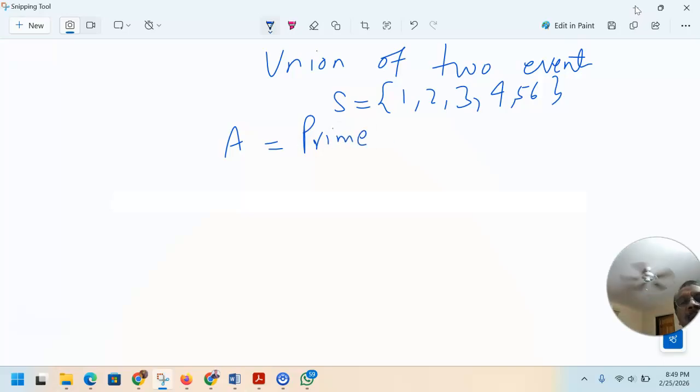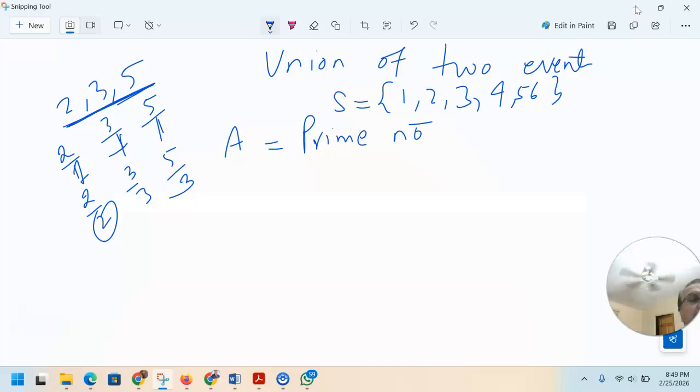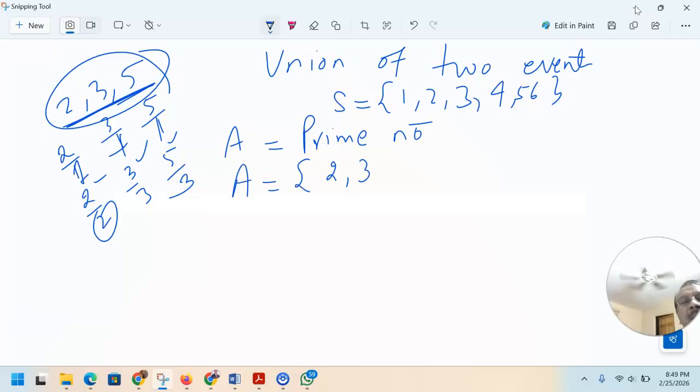If you get confused, what is a prime number? Prime numbers are 2, 3, 5. Because 2 can be divided by only 1 and 2, 3 can be divided by 1 and 3, and 5 can be divided by 1 and 5. So there are exactly two divisors: the number 1 and the number itself. So those are prime. So if I say A is an event, A is 2, 3, and 5, right?